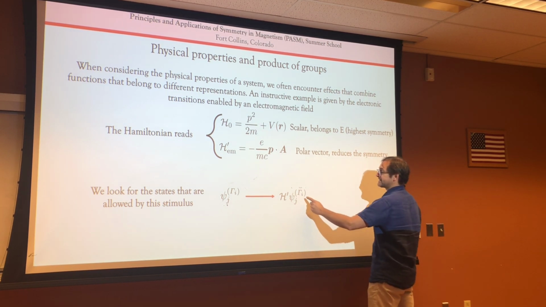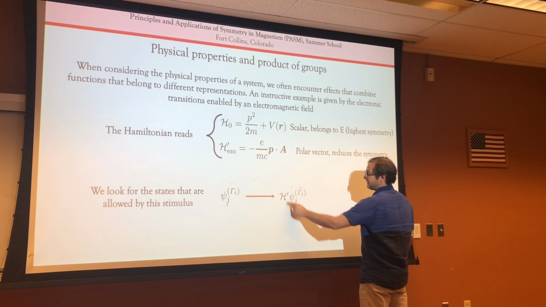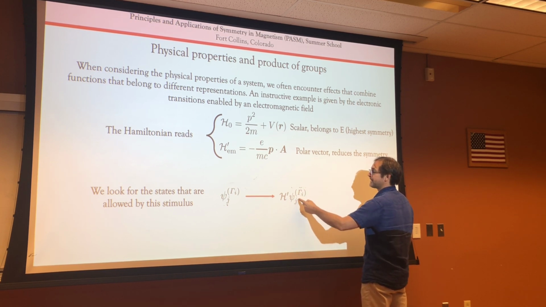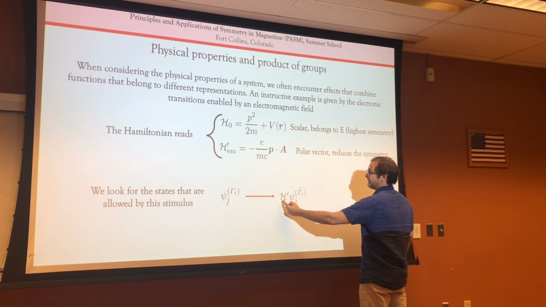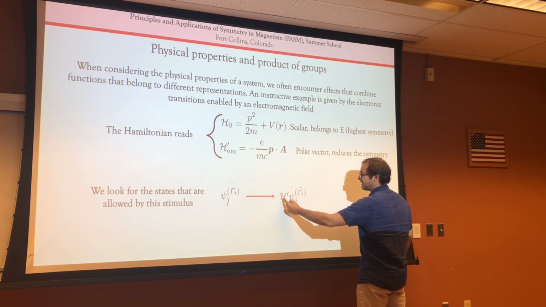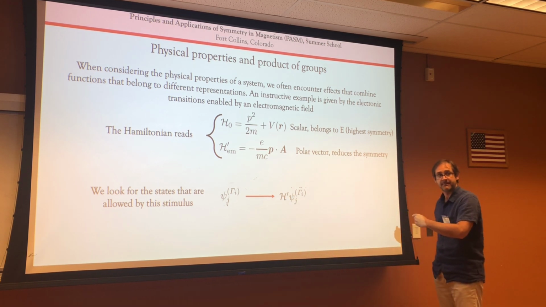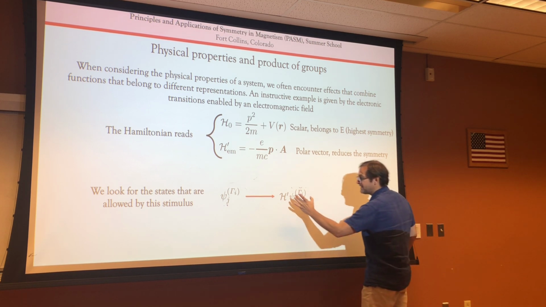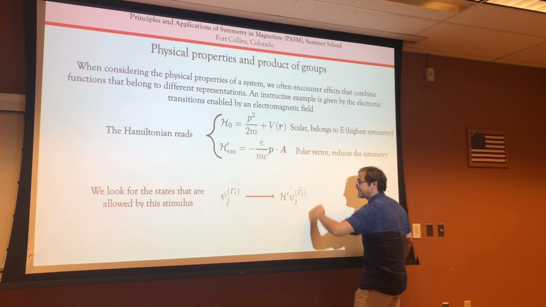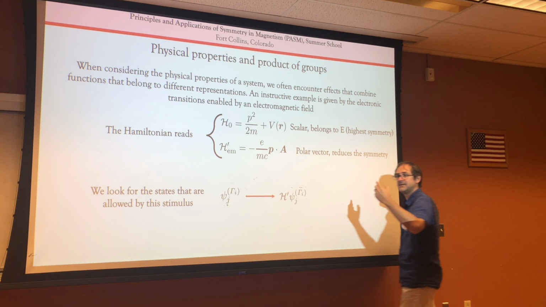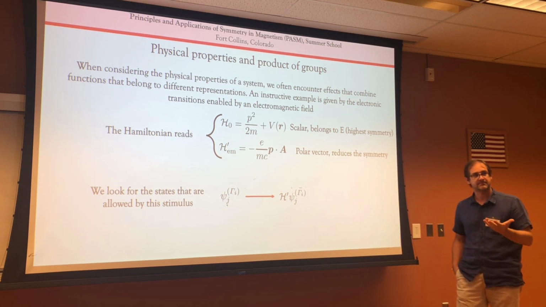We'll say, okay, let's start with a state with representation gamma i, and let's see how, when I apply this Hamiltonian on psi, let's say this is gamma 1, this is gamma 2, how the product between this representation and this representation generates all the representations. In other words, once I have written this product, the representation of this full product becomes reducible.